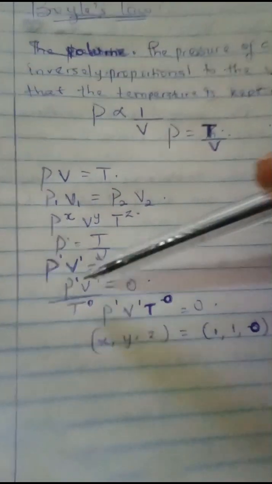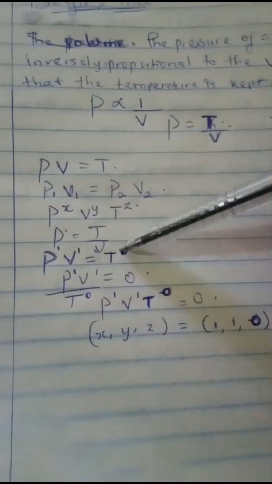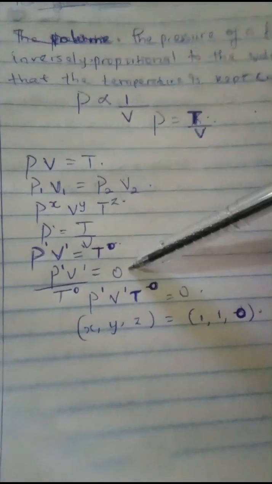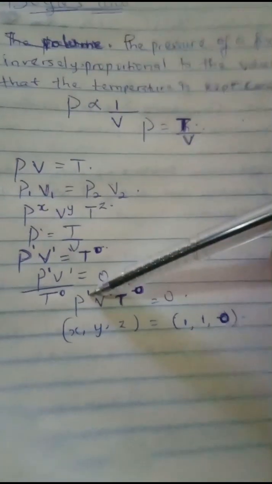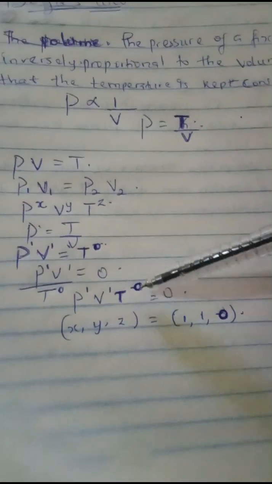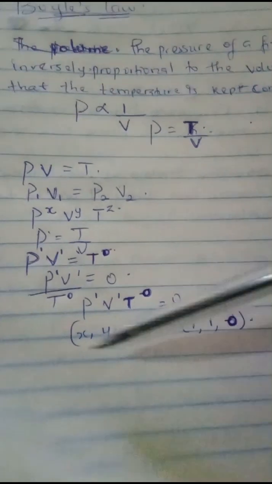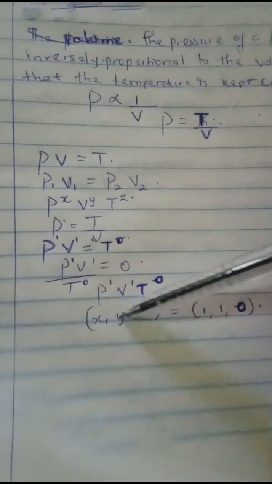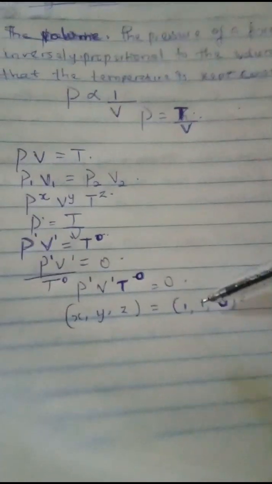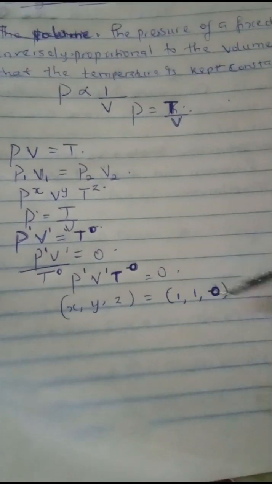Then P with the power 1, V with the power 1 divided by T, when you cross multiply, equals 0. Then P to the power 1, V with the power 1, T to the power 0 equals 0. Therefore, the values for x, y, and z are 1, 1, and 0.